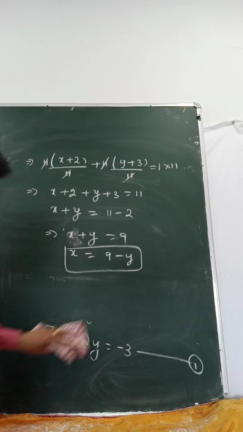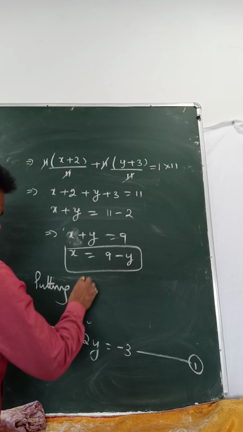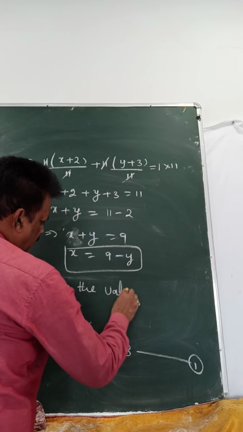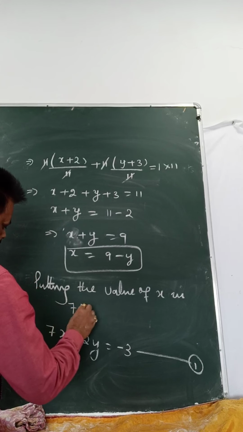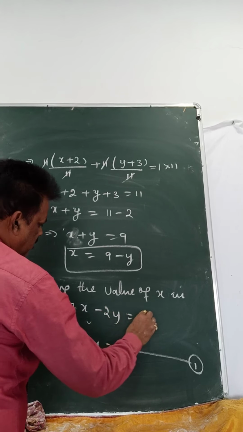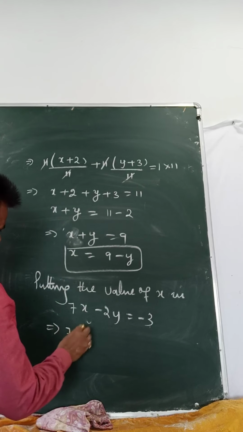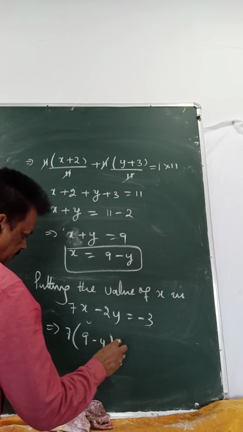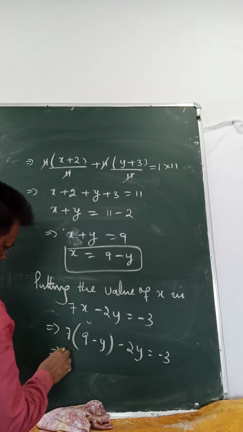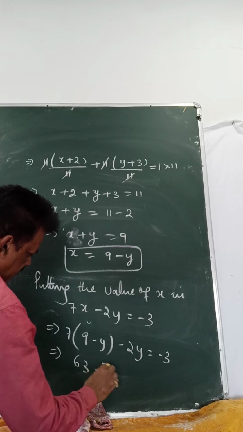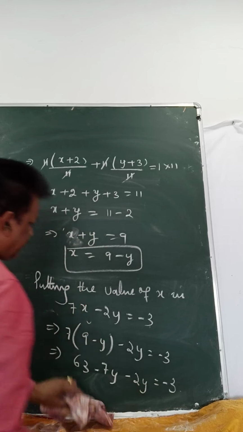Let's keep this one. This x, because you got it from here, now you put in the first equation. So putting the value of x in 7x minus 2y equals minus 3. Put here, you will get 7 into (9 minus y) minus 2y equals minus 3. 63 minus 7y minus 2y equals minus 3.